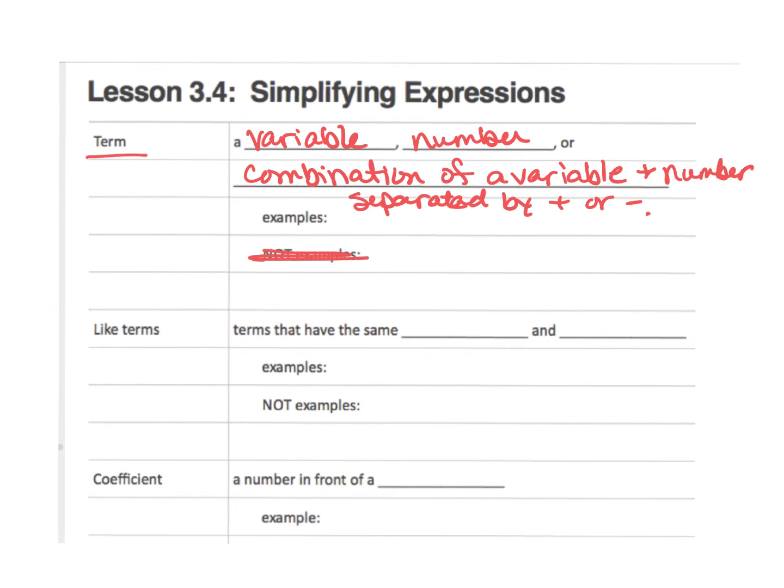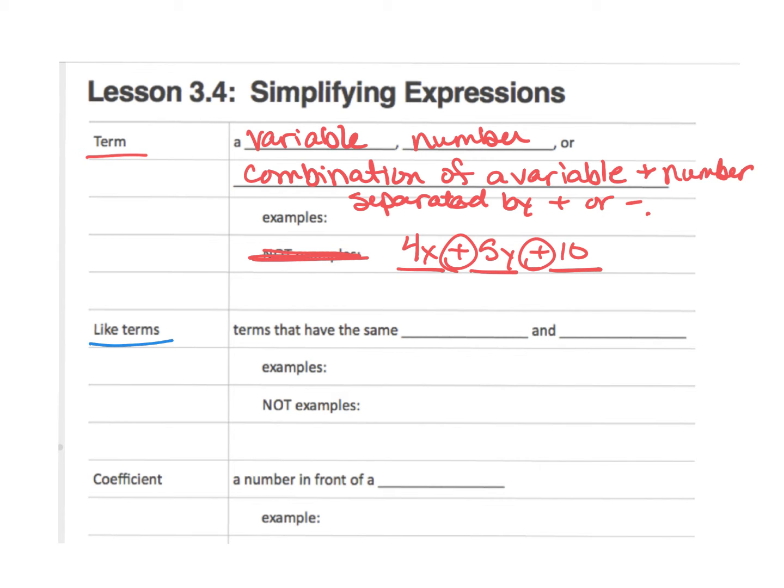So I'm not going to give you not examples. Examples of this would be like 4x plus 5y plus 10. 4x is a term, 5y is a term, 10 is a term, separated by either pluses or minuses.